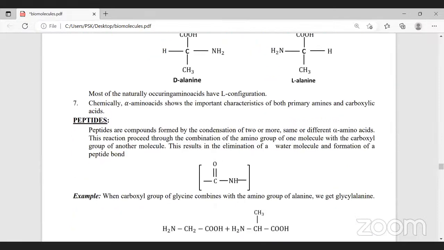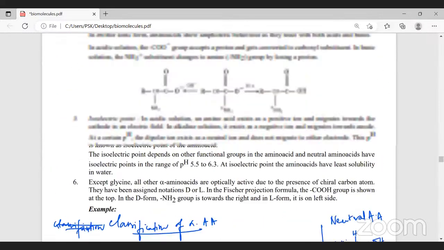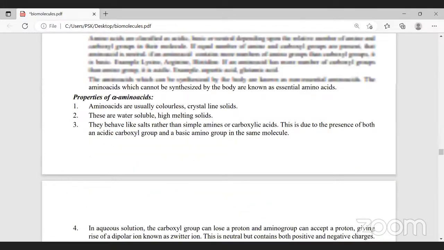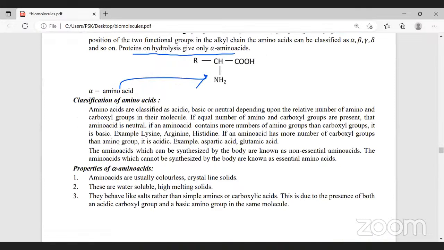Now, based on the requirement, these amino acids are classified into essential and non-essential amino acids. Now, what are essential amino acids?